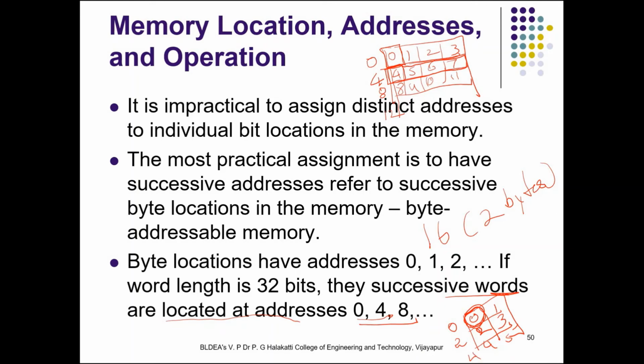So for a word of 64 bits, can you tell me what the alignment will be? It will be 2 raised to 3, that is 8 bytes. So the aligned words begin at addresses, for 64 bits, 0, 8, 16, and so on.